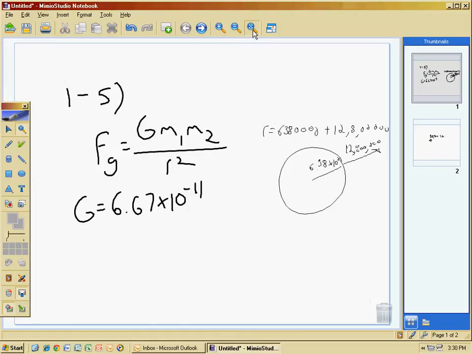The much easier way, however, is to say, okay, what happens if the mass of the planet is 2.5 times Earth's? Well, if that mass goes up by 2.5, then that means the force of gravity is going to go up by 2.5.